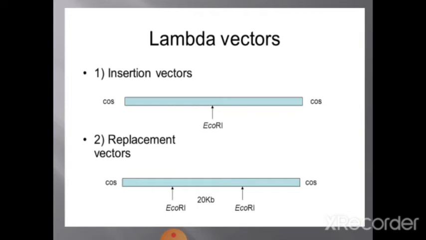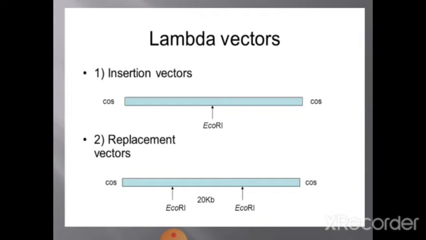Now, what exactly is done is, this molecule is given EcoR1 for digestion. So, two cuts are produced, and that 20 kb non-essential region of the genome of phage DNA is removed.